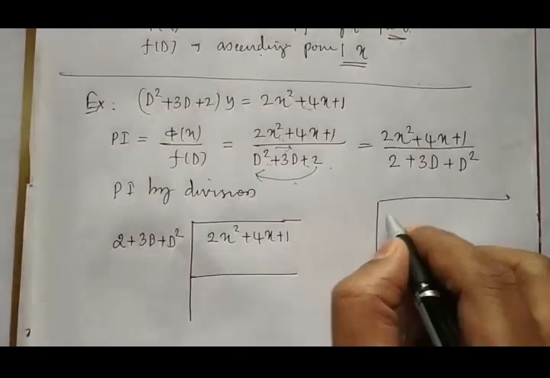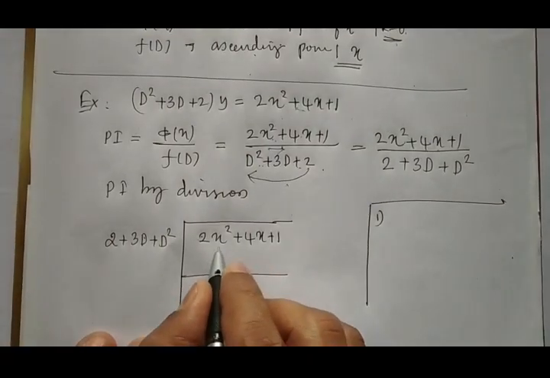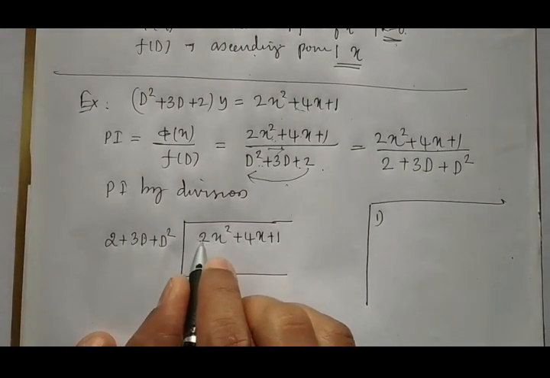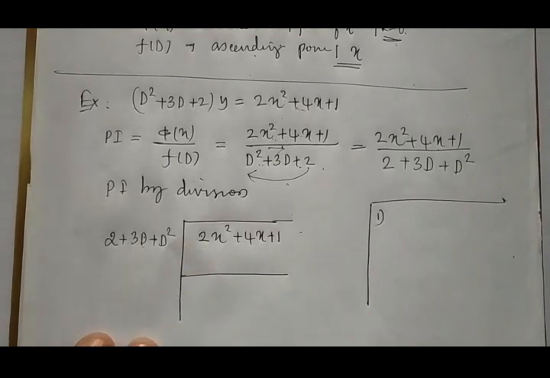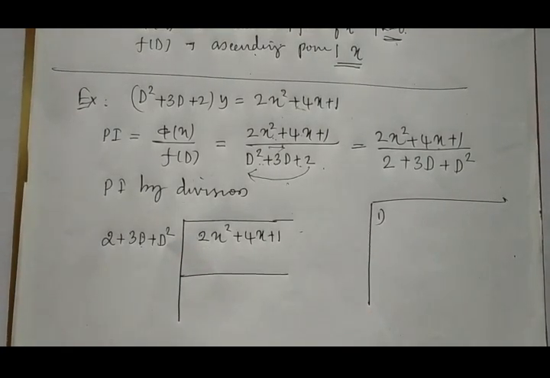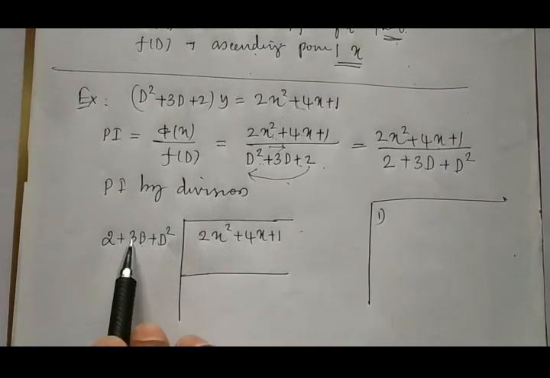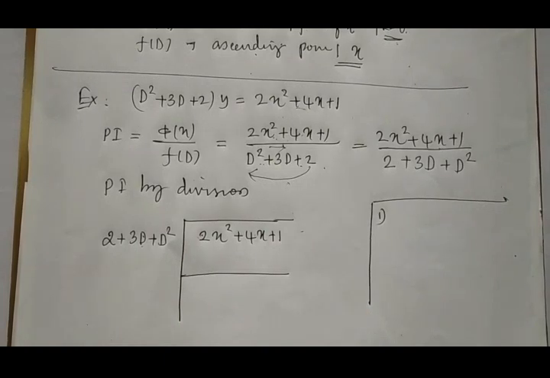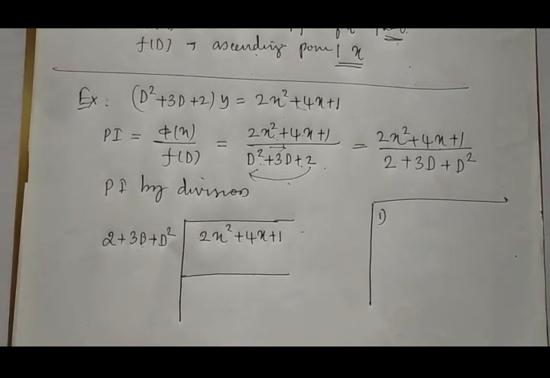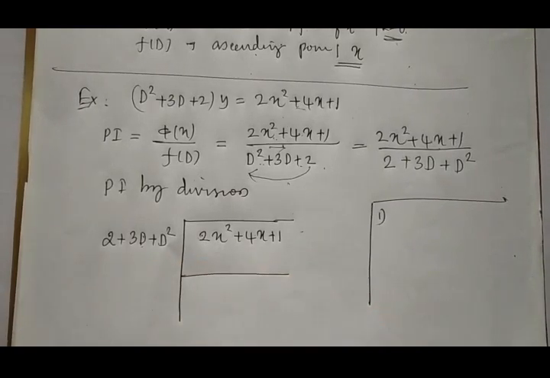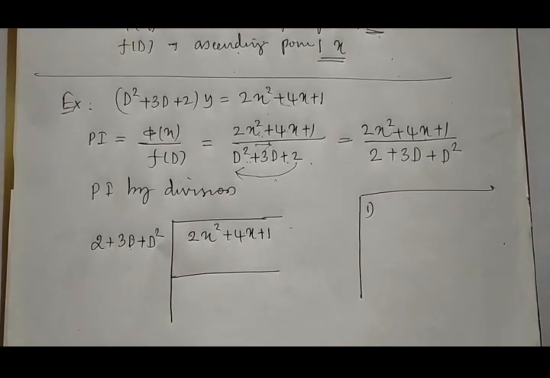We are going to divide this whole term by this whole term. But dividing this whole term by this whole term at once is not possible. When the division is not possible at once, we have to take the division bitwise. Small bits we have to make.